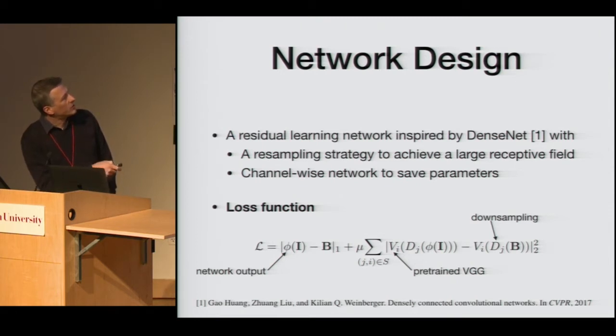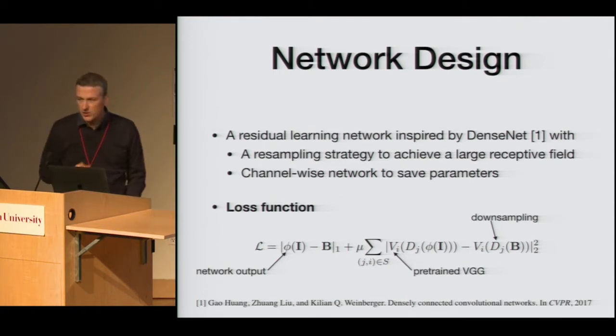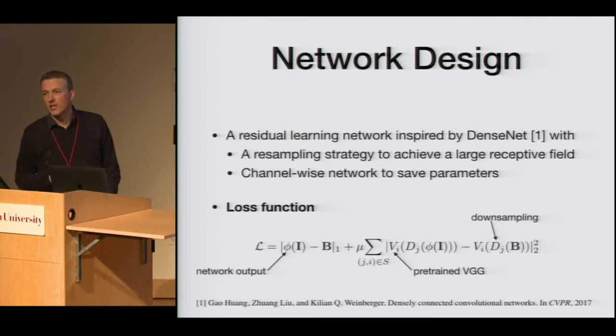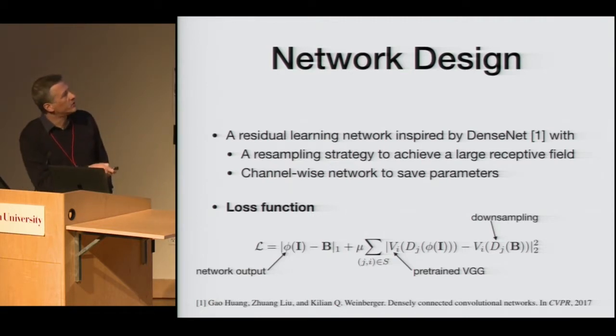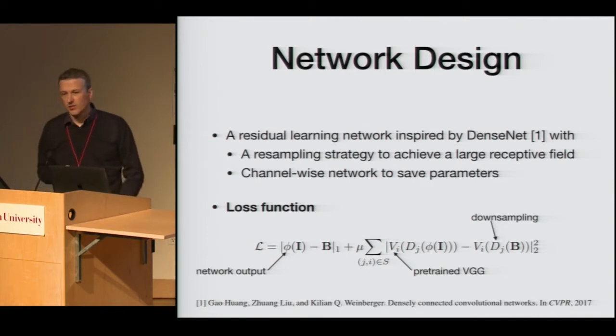And at the same time, we also have another term, which is the perceptual loss, which is quite widely used for networks that output pixel values directly. Here we use a pre-trained VGG, so we extract some features of the predicted image and some features from the background image, and we want them to match as well. And that proves to be a very useful term in our loss.